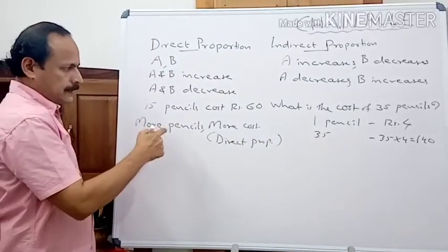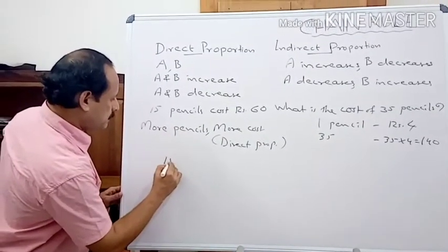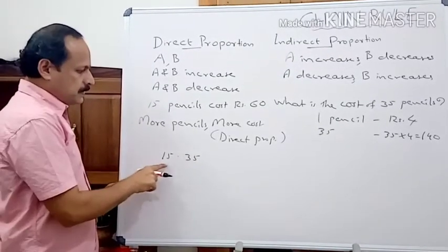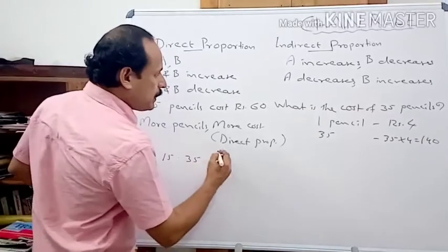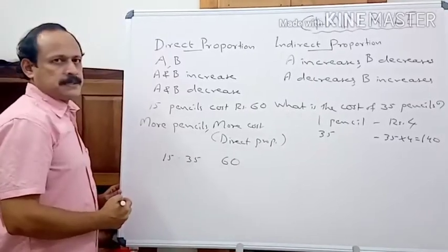And then we write like this: 15 is to 35. This is the ratio of the pencils. And what's the cost? For 15 pencils, it is 60.